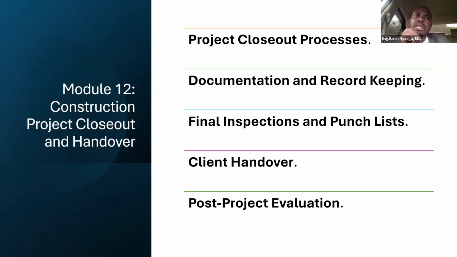Because for any project that is being undertaken, there are those anticipated benefits and values that it is supposed to deliver. And one of your roles is to ensure that the infrastructure or the construction you are undertaking delivers those benefits and those values.